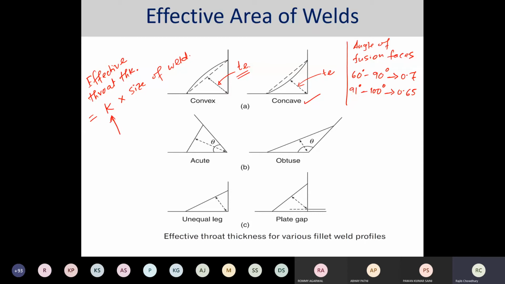Now this K basically varies with the angle of fusion faces. For 60 degree to 90 degree, K is equal to 0.7, then 0.65, then 0.6, and so on. Likewise, it comes into the picture.